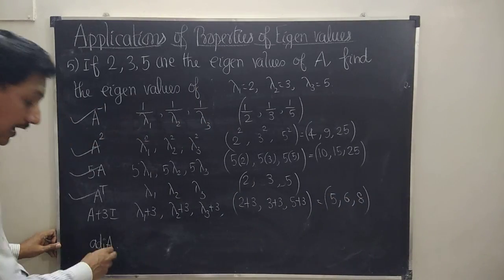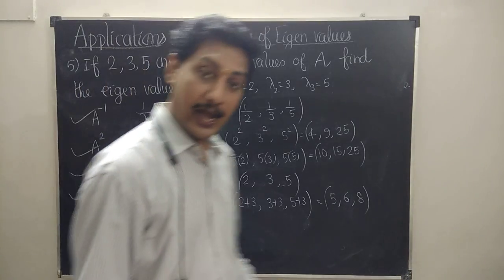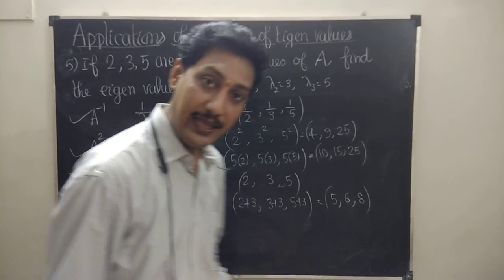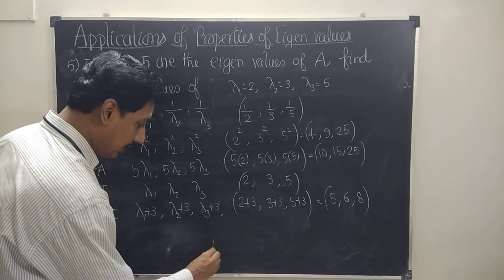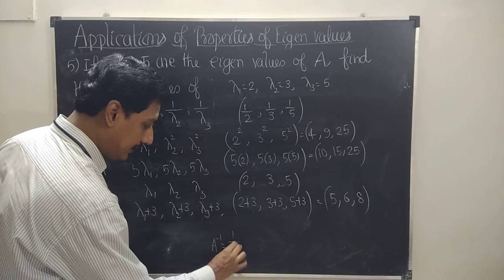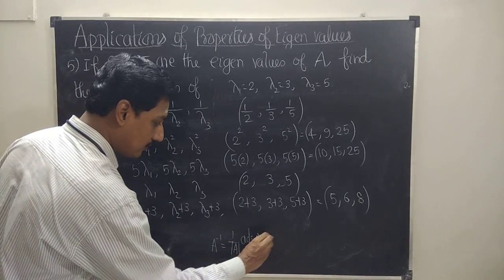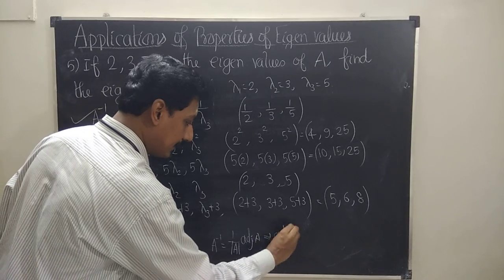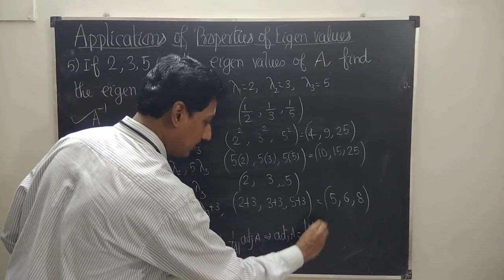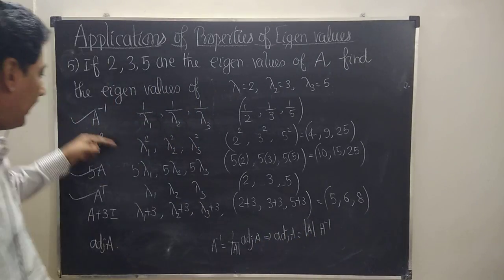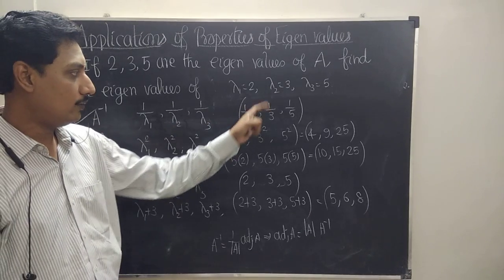So the last one, adjoint of A. To find the eigenvalues of adjoint of A, by using the usual technique, A inverse equal to 1 by determinant of A into adjoint of A. So by this way you will get adjoint of A equal to determinant of A into A inverse. Already we know the eigenvalues of A inverse: 1 by 2, 1 by 3, 1 by 5.